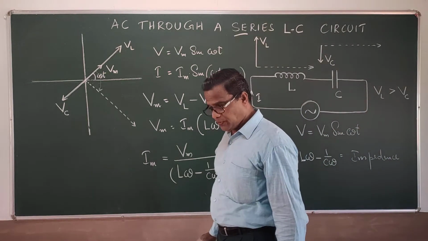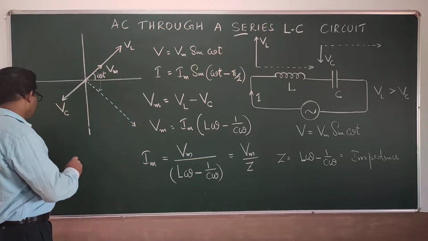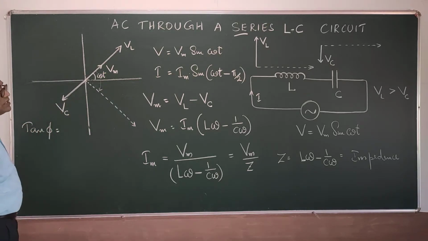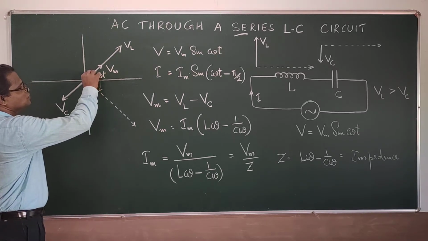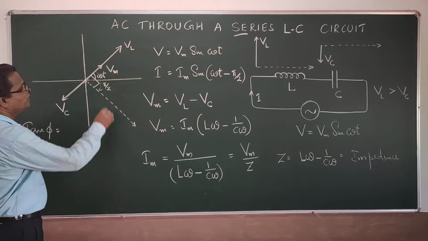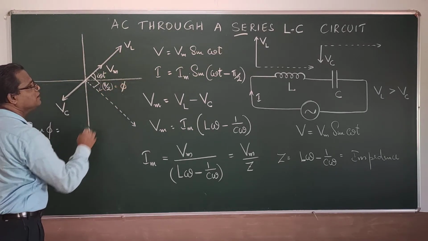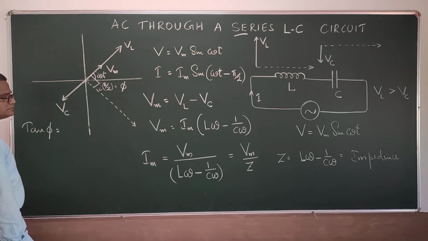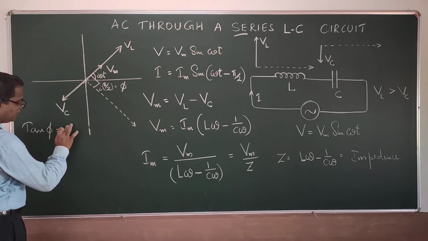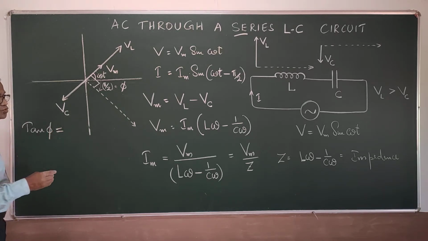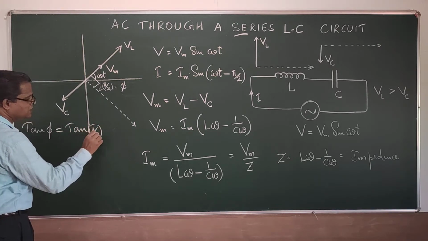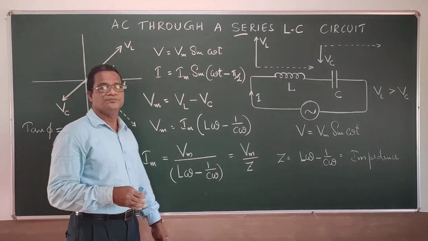Now two more things: tan phi. What is phi here? Phi is actually pi by 2. So pi by 2 is the angle phi here, and therefore tan phi is equal to tan pi by 2, that is tan 90. How much is it?